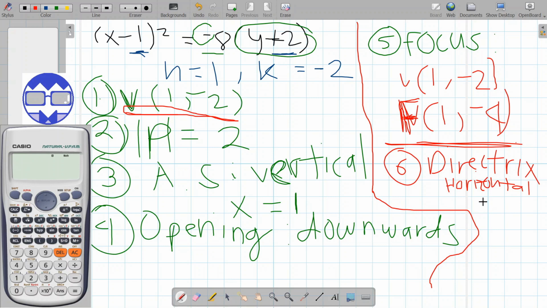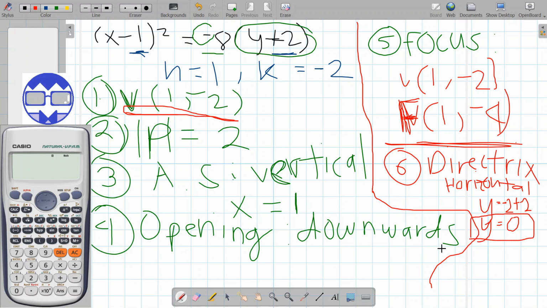If it's horizontal, it means that the line passes through y. So y equals, what is our k? K is negative 2. Now, if the focus is minus, the directrix is plus. So negative 2 plus whatever is your p. P is 2. So this will give us y equals 0. So the equation of our directrix is y equals 0.